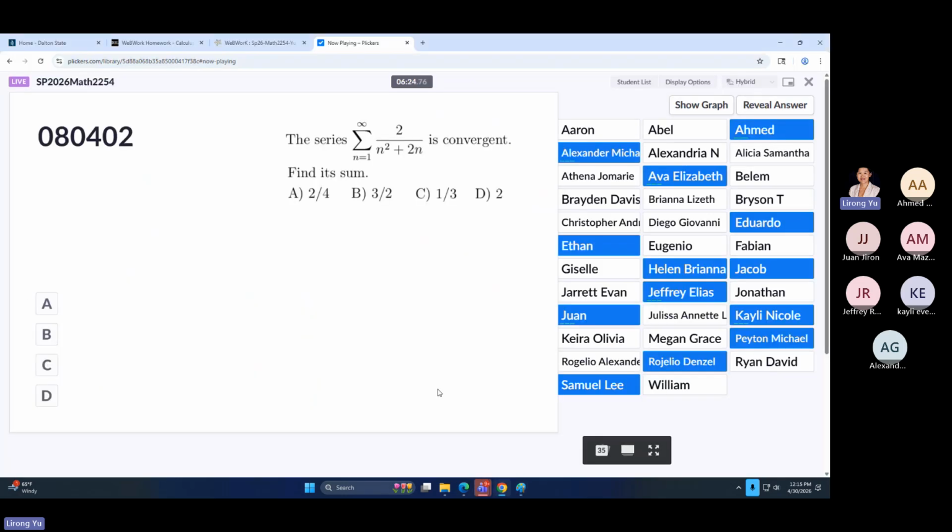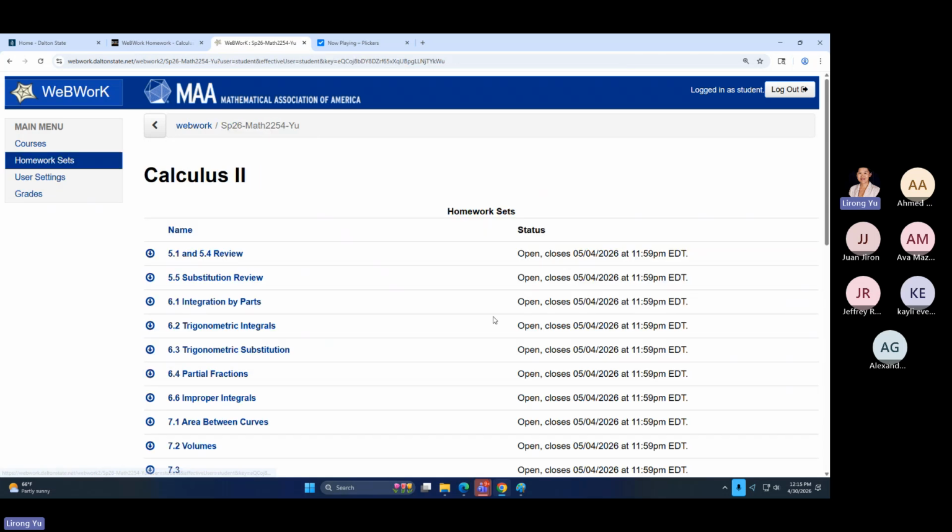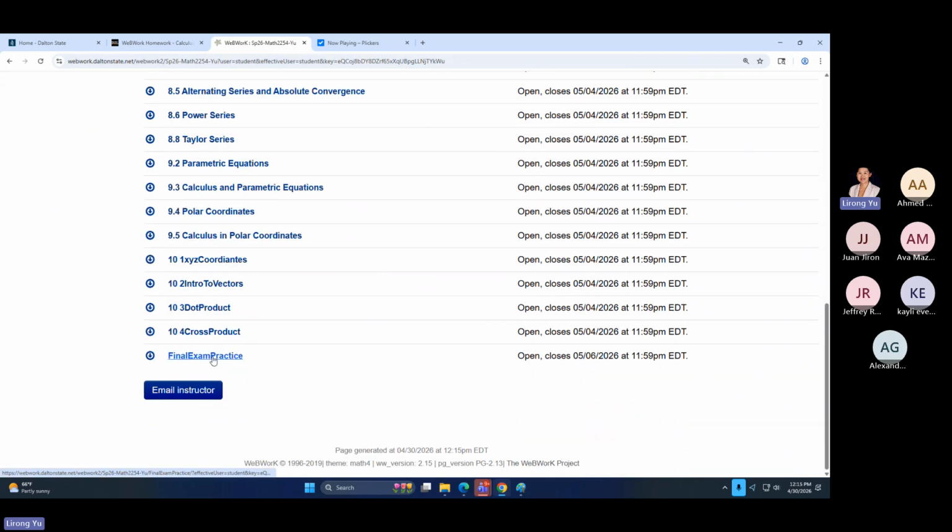Let's finish today's example. Next Monday, we'll practice a few more. If you are okay with it, go online to WebWork and practice with a final exam practice question. I'm not trying to get everybody to attend on Monday, but this one, definitely try it.